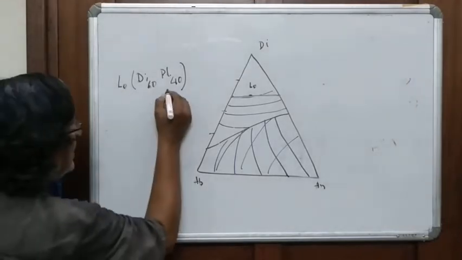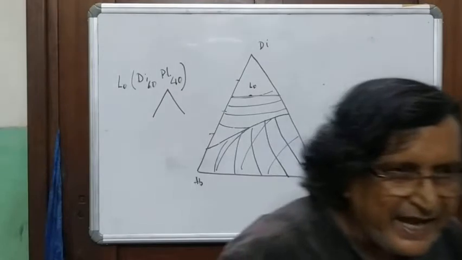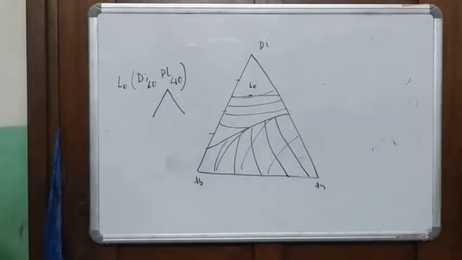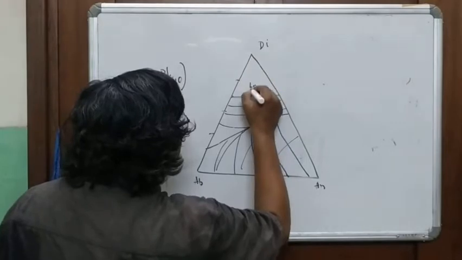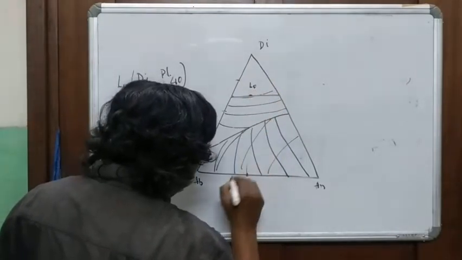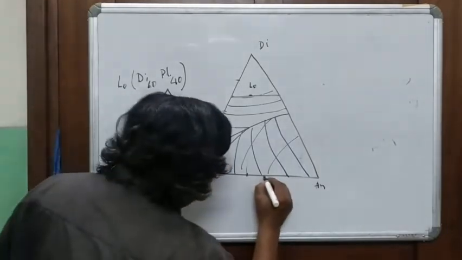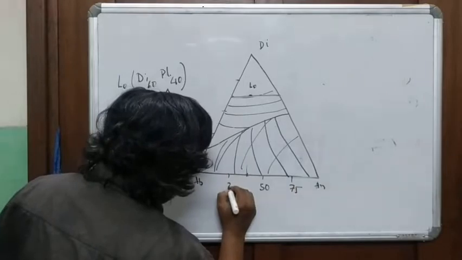But plagioclase 40 has also to be divided between albite and anorthite. Is it not? Plagioclase is not a pure phase here. Albite and anorthite. So what do we do? We can take a line and join it here. You see, it's a similar triangle. So this is 50, this is 75, and this is 25.